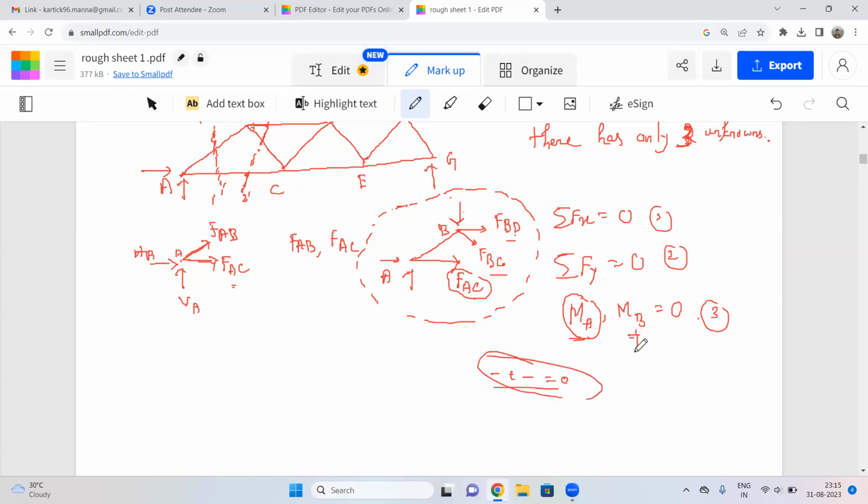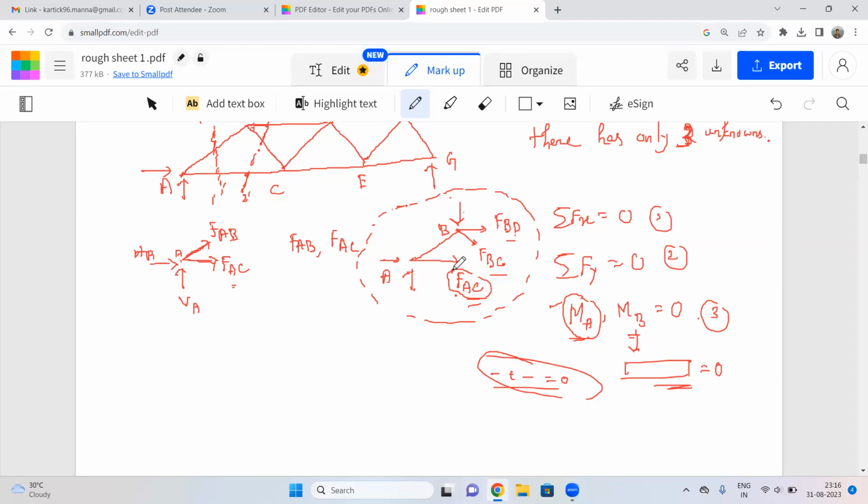But if you find out moment at point B, moment will come due to these three forces. So from here in this equation, there is only one unknown, right? So it will be easier to calculate. That's it. Otherwise, you can find out moment at A. That's fine.